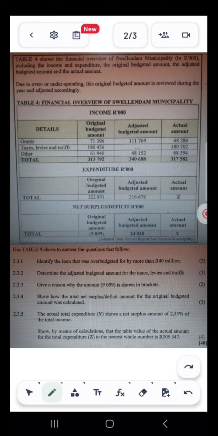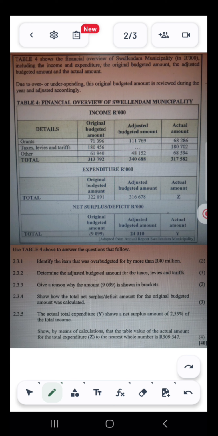So there is a financial overview for the municipality, and the zeros tell you it will show the income of the municipality, the expenditure of the municipality, the original budget, the adjusted budget, and the actual amount. So income and expenditure is the same concept from grade 10 maths lit.